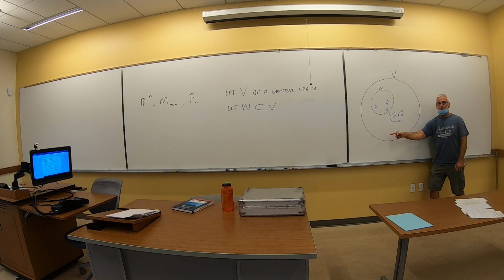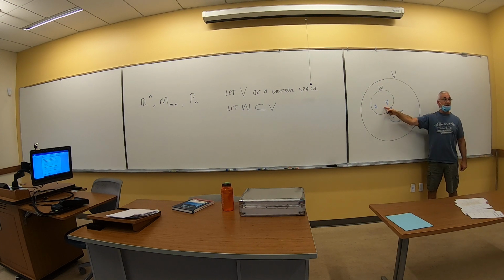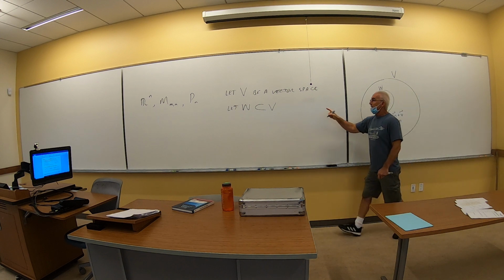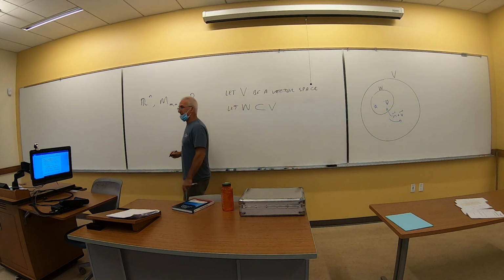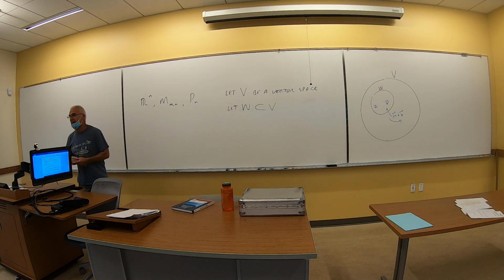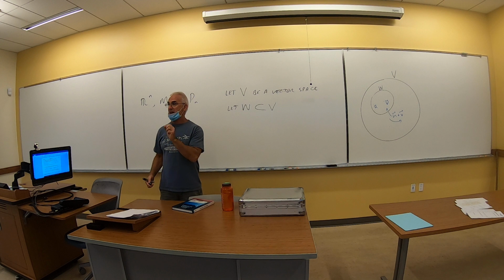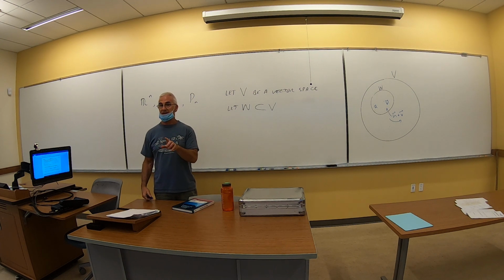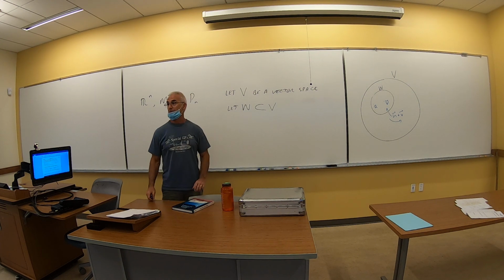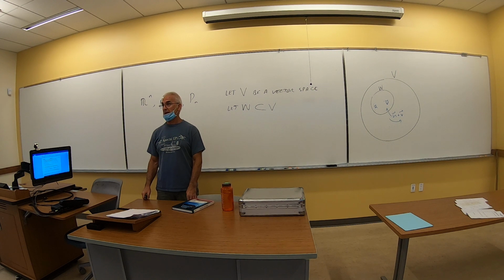I know it's contained in the big circle. I don't know if it's in W or if it's outside of W. So I need to show that W is a vector space, but I only have to show three things. And I mentioned the three things last day. I have to show both closures and that the additive identity of the vector space is actually in W. You with me on that?